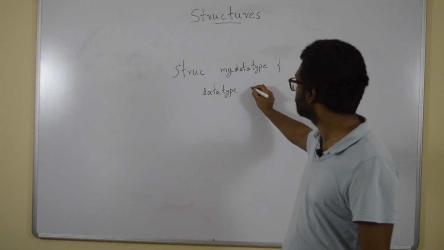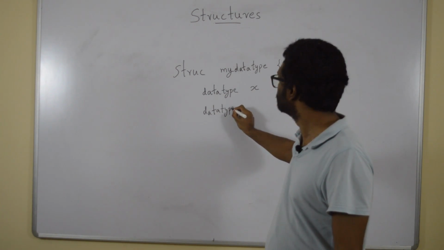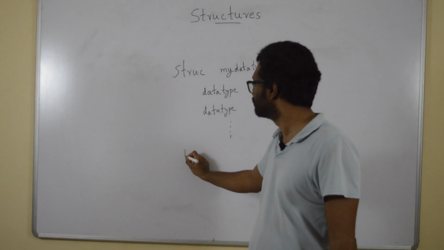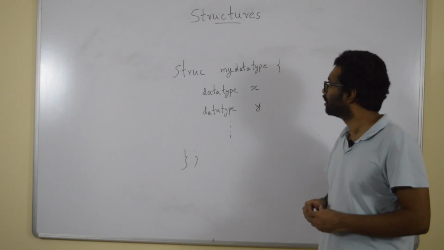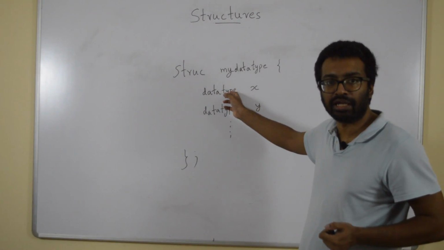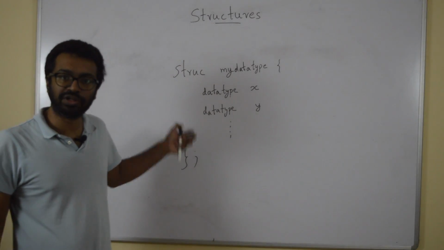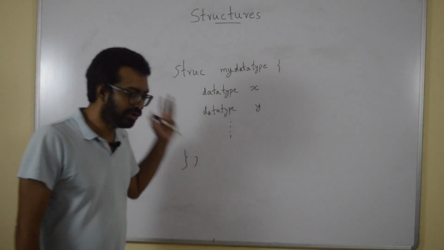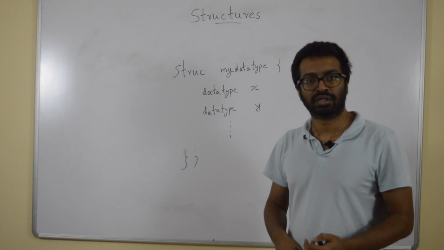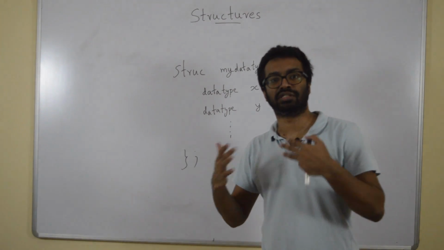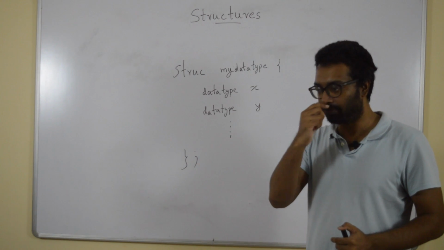Something like data type X, data type Y, etc. So this data type can be an int, float, character. It can be a pointer, a pointer to an integer, pointer to a float. It can be arrays. It can even be other structures.